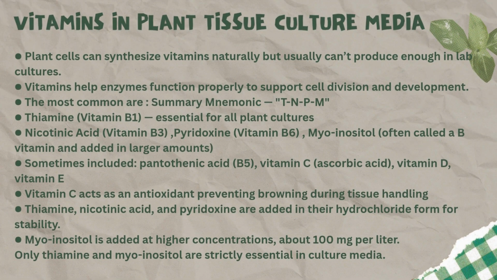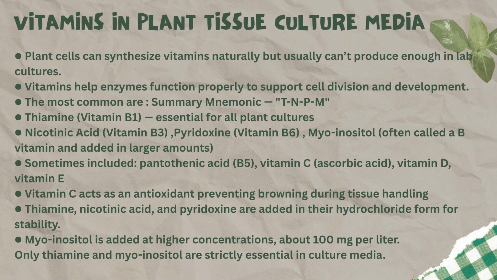Next, vitamins. In nature, plants synthesize their own vitamins, but in laboratory cultures, they usually can't make enough. This is why we need to add vitamins to our tissue culture media. Vitamins are essential for supporting enzyme function, which drives cell division and healthy development in tissue culture.